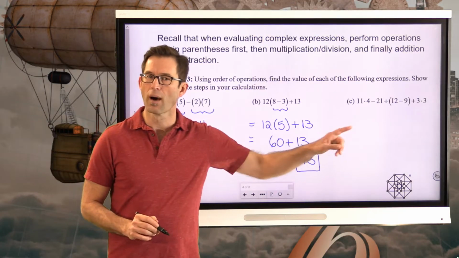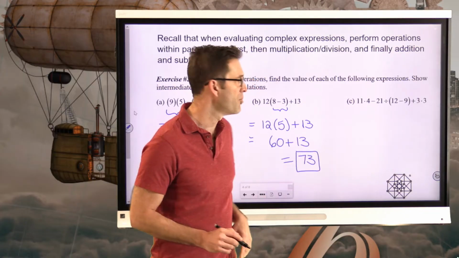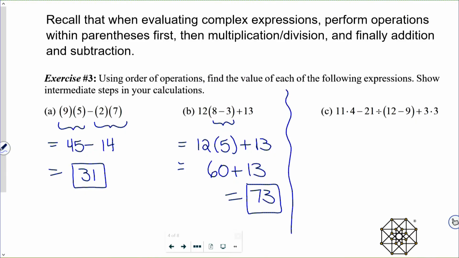All right, let's do the most complicated one. Now the first thing I'm going to do in this calculation is deal with that 12 minus 9. All right, so I'm going to continue to have that 11 times 4 minus 21, but then I'll do, whoops, I lost a division symbol. That would be bad. 12 minus 9 is 3.